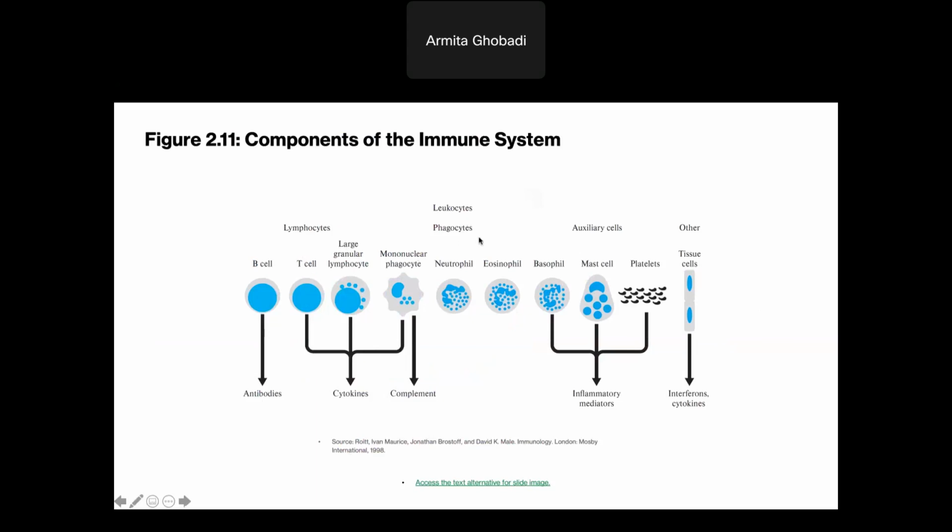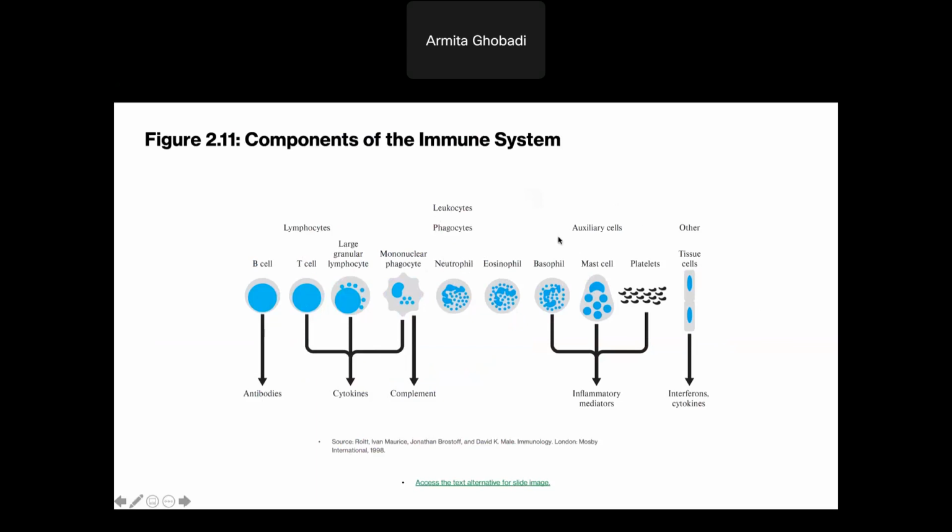Here is another important part, phagocytes. We already talked about that. You can see two different types of them. The main responsibility of phagocytes is eating those invaders or residue of microbes in the body, or in general eating any enemies in our body.